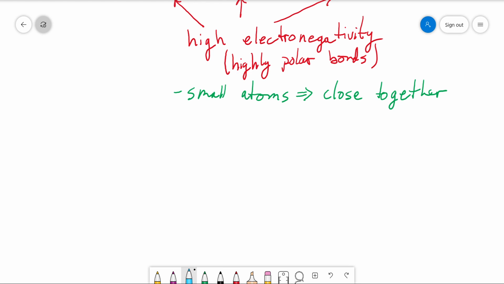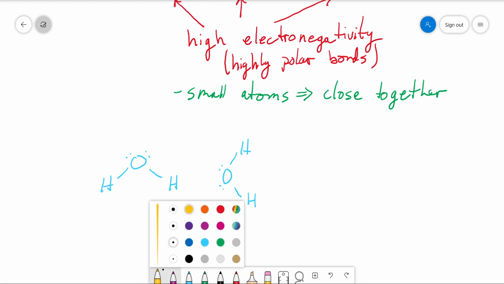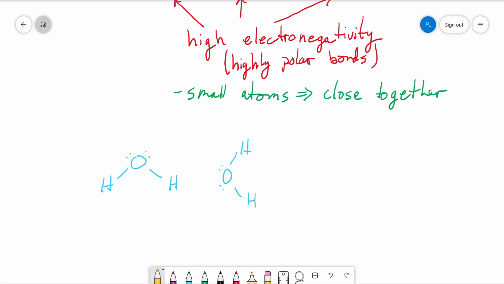So let's look at a hydrogen bond. It looks just like a dipole does. But the key is that you've got to have those three groups. You're looking for one of those three groups in the molecule. So there are our water molecules.